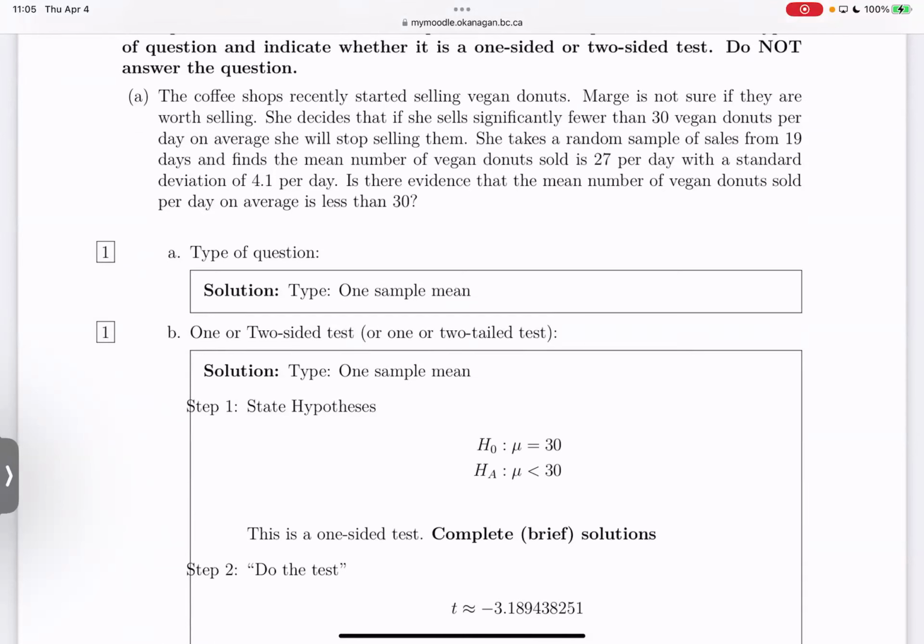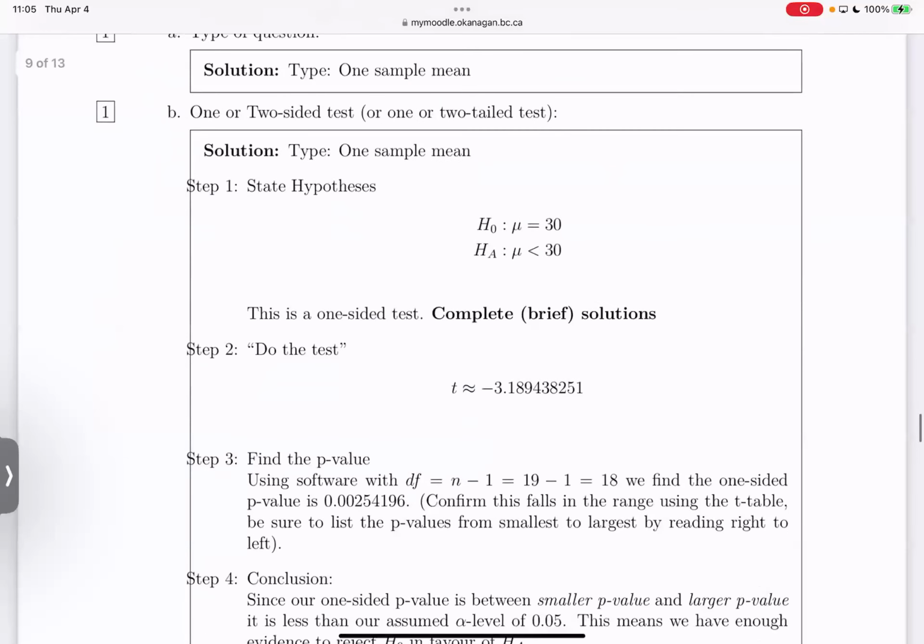Those are all important things. In the solutions, I have complete brief solutions as well. If you wanted to use those, they're obviously questions that you could do for practice. You have those brief solutions there, so you can check your work.